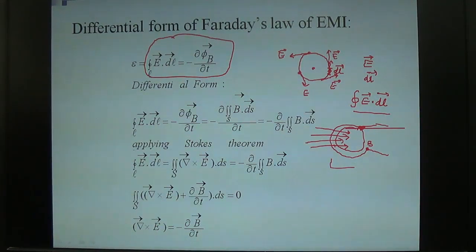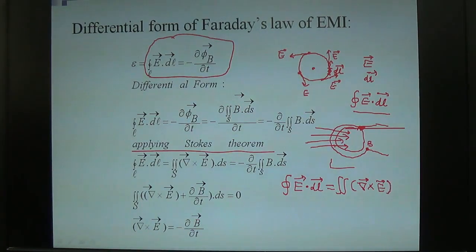So what we are doing, we are just applying the Stokes theorem. Stokes theorem says that the closed path integral of the vector E is equal to the open surface integral of the curl of that field, del cross E dot ds, right?